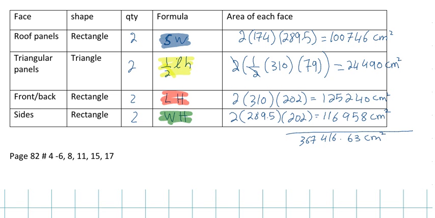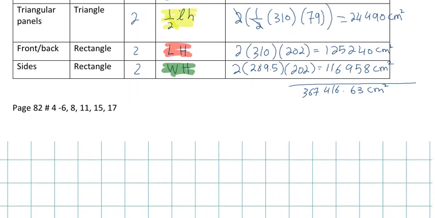What I have to do here is change it to meters squared. So going back to my conversion, every 1 meter equals 100 centimeters.